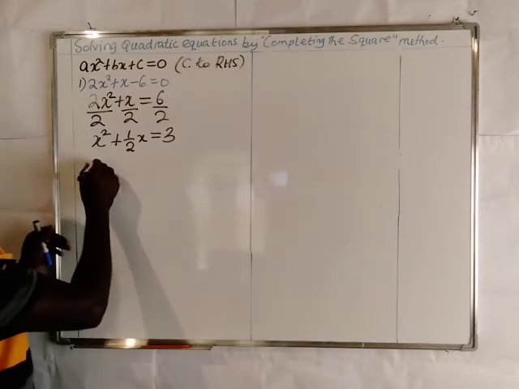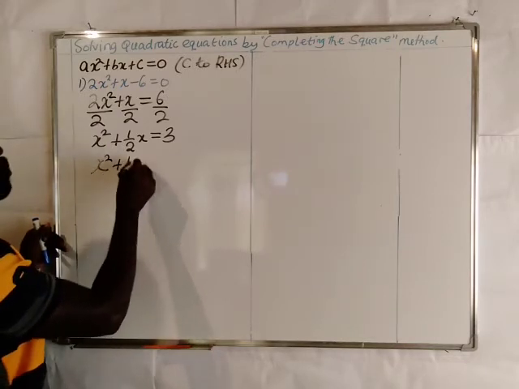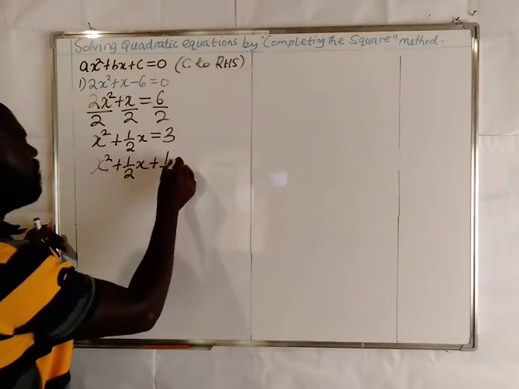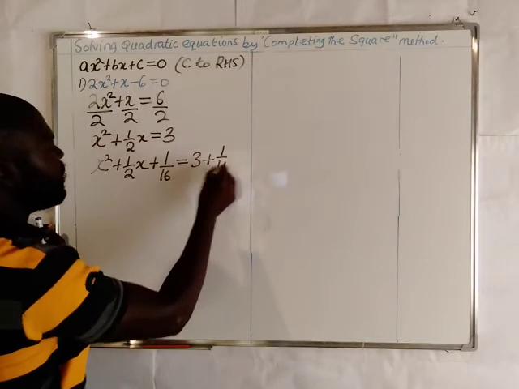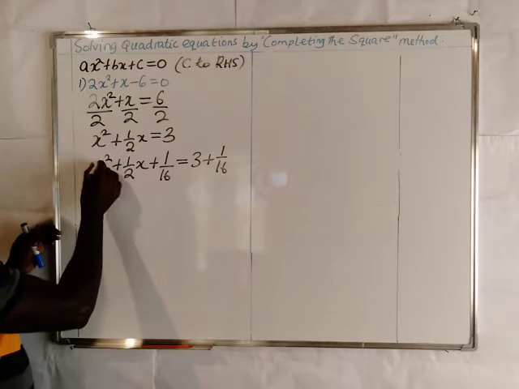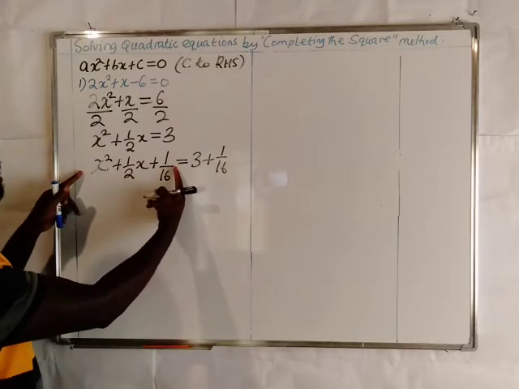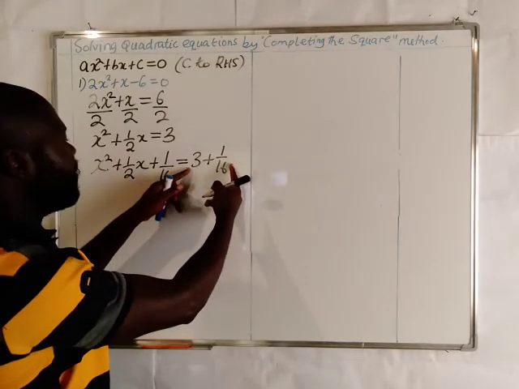So we have x squared plus 1 over 2x plus 1 over 16 is equal to 3 plus 1 over 16. At this point, we have completed the square. Now we need to factorize the left-hand side and also express as a single fraction the right-hand side.